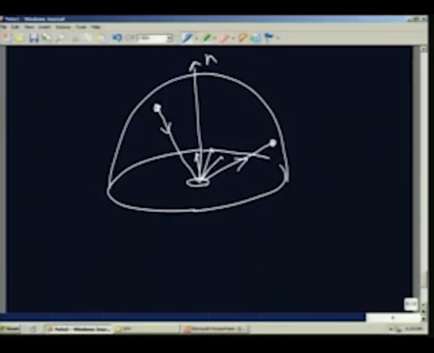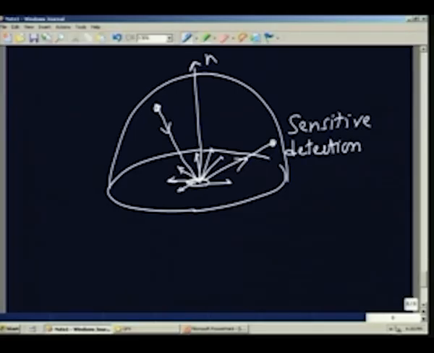Because it is going in all directions, the amount going in this particular direction may be a very small quantity. Therefore, very accurate, very sensitive detection is required, because the amount going in that particular direction is going to be very small.